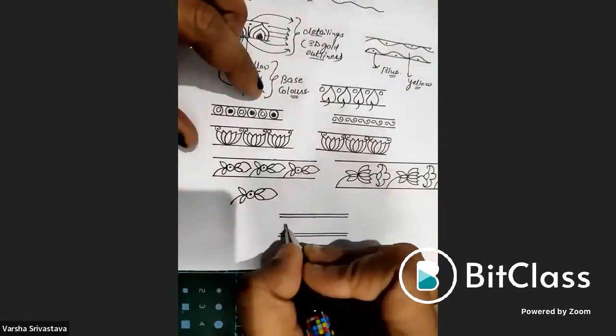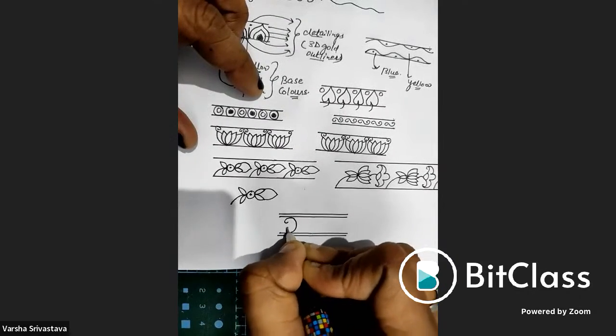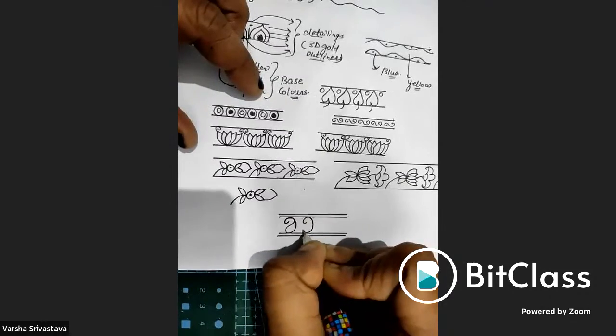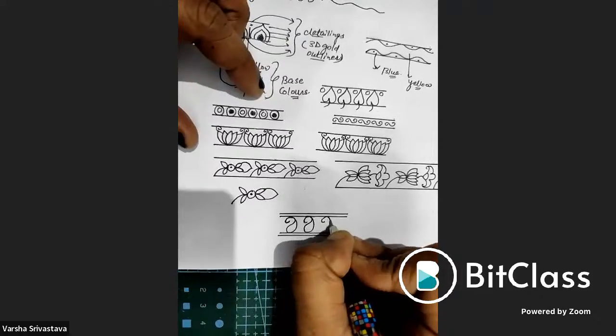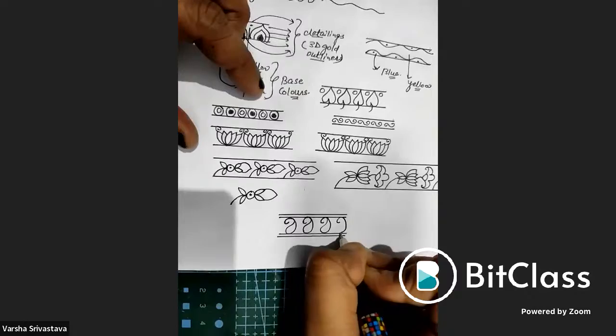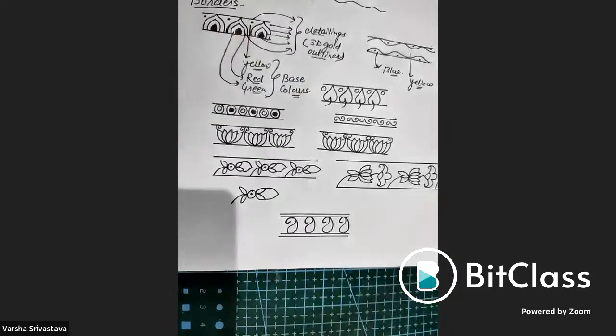Okay, in this, I'm going to make the vertical mango motifs. You see the way I'm starting it? I'm starting with a point and ending at the same point. Like this.